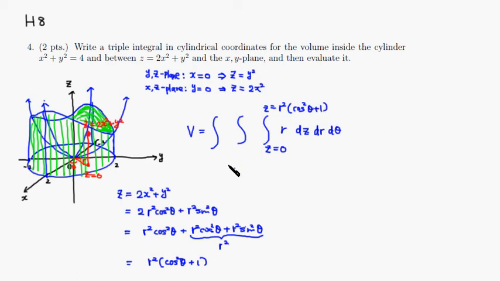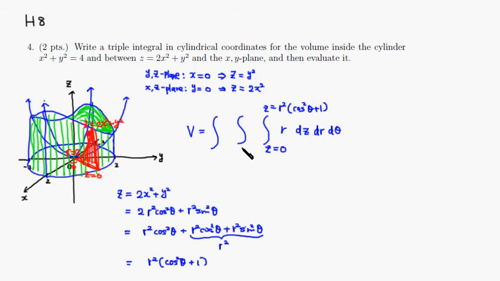Once you've done that, r goes from 0 all the way to the edge of the cylinder, so that will cover this region right here. So r is 0 and goes all the way up to r equals 2 to cover this cross section.